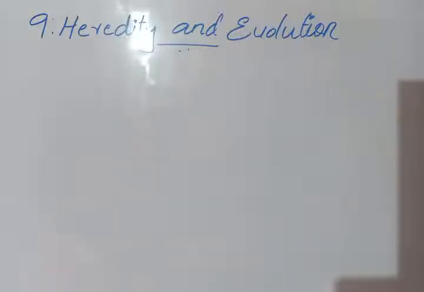Study all the important points. If you feel any difficulty in any area, please feel free to contact me. Then in the next class, we will discuss the book back questions. I will try to make an online discussion so that you can interact with me.